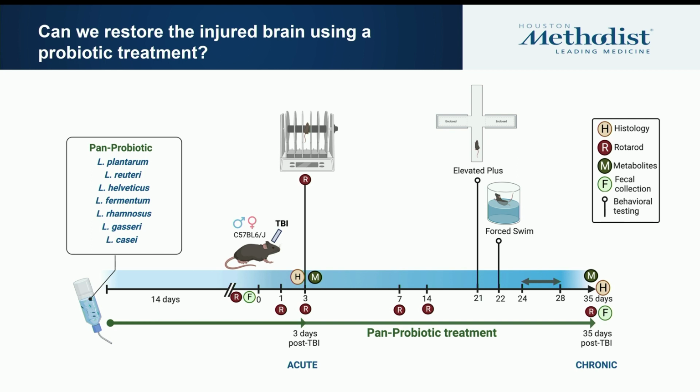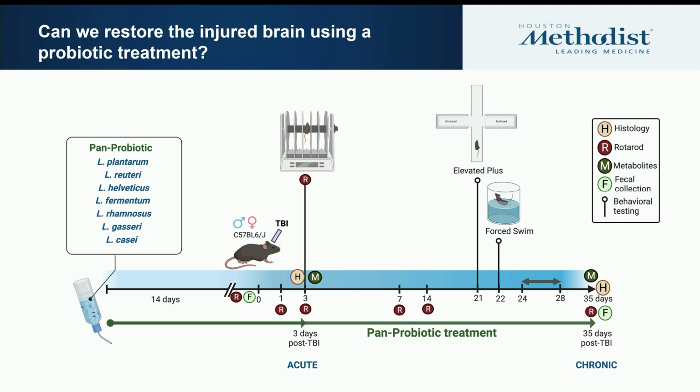So what we did here, we have the same animal model, the TBI, and then we administered a pan-probiotic cocktail of several Lactobacillus species that we identified as interesting for recovery and neuroprotection. Plantarum, Reuteri, Helveticus, all these Lactobacillus were identified in clinical studies as beneficial for reducing inflammation and improving cognition.